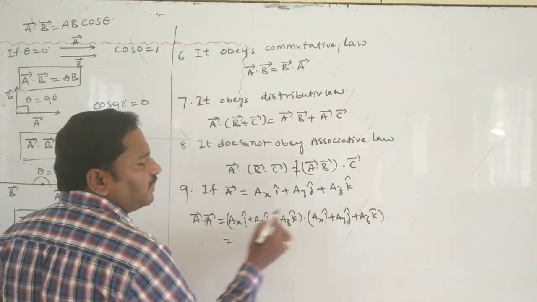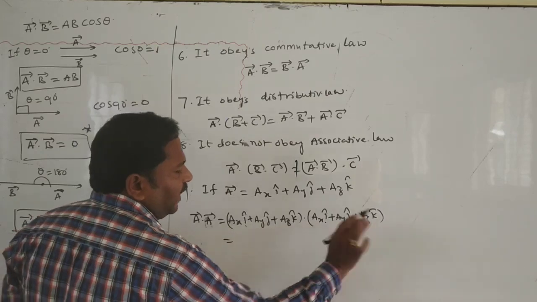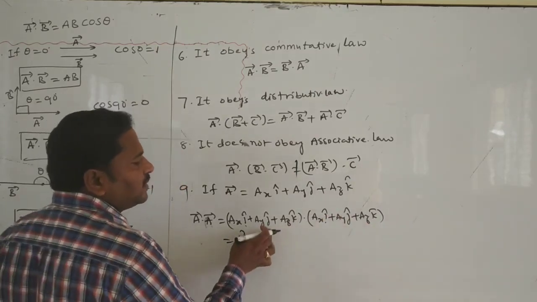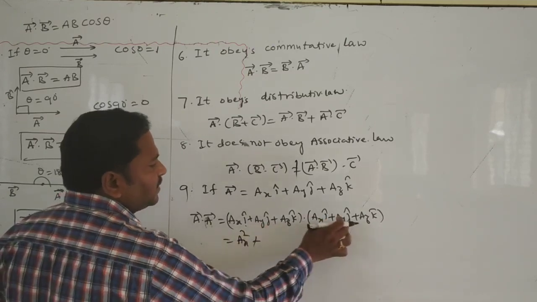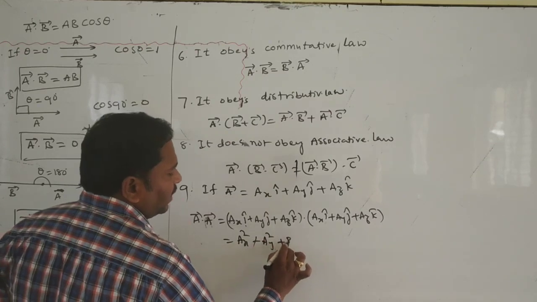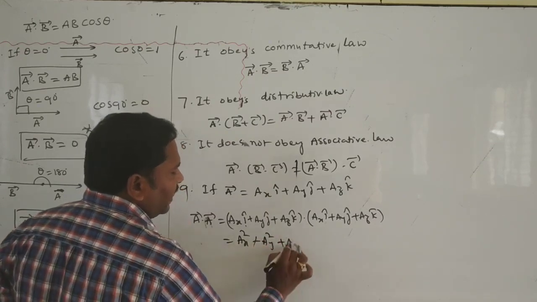Then i dot i is 1, i dot j, i dot k zeros. So Ax square, plus j dot i 0, j dot j 1, j dot k 0, Ay square. Similarly, Az square.